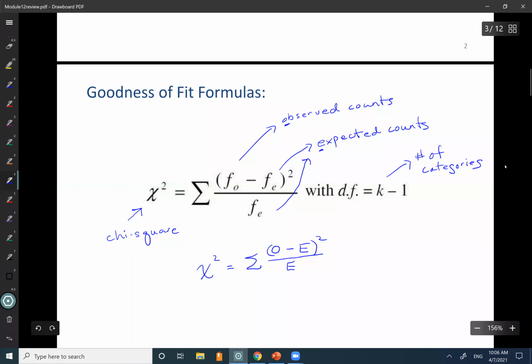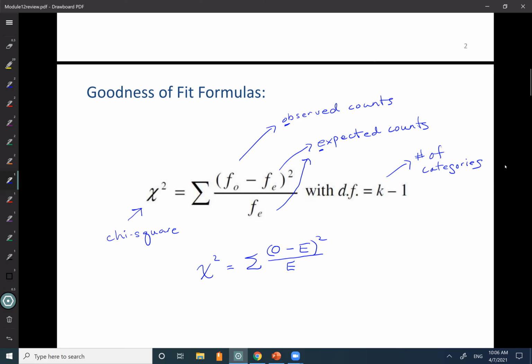So observed minus the expected, all squared, divided by the expected. You might see it like this in other contexts. Instead of the F subscript O it's a little bit more cluttered, but I like the O subtract E divided by E, but we'll stay with the textbook notation so that it's clear. Just know it's observed, subtract the expected, divided by the expected.